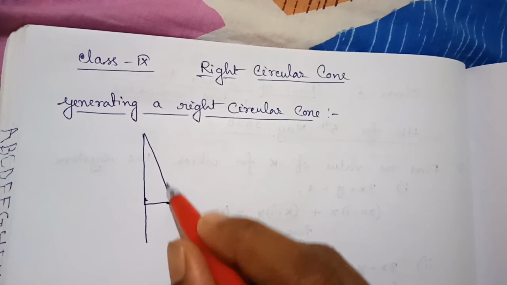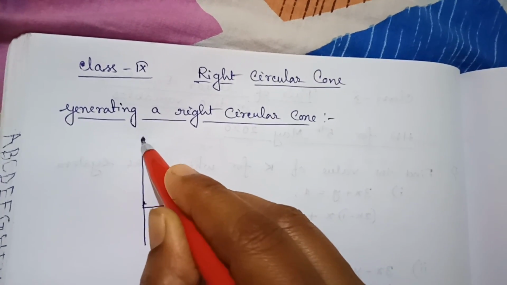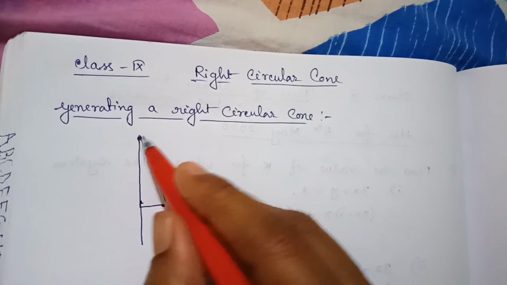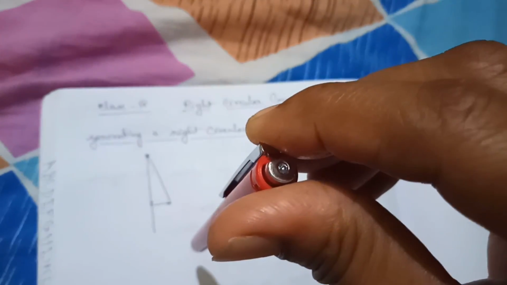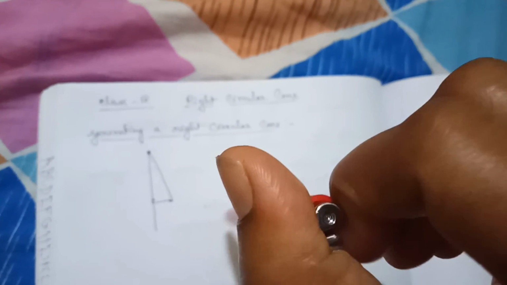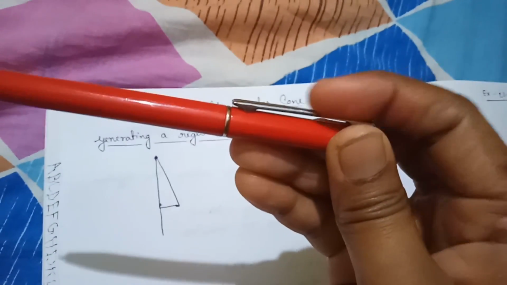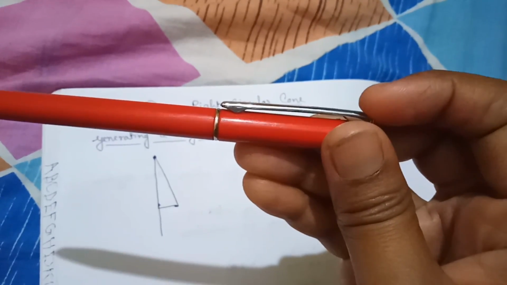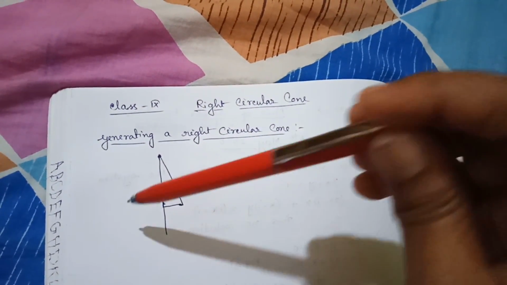Then suppose you are holding over here. Think about the situation that you are holding the axis like this, and then you are just rotating it in this way. Think of this pen's handle part as the right triangle's axis.